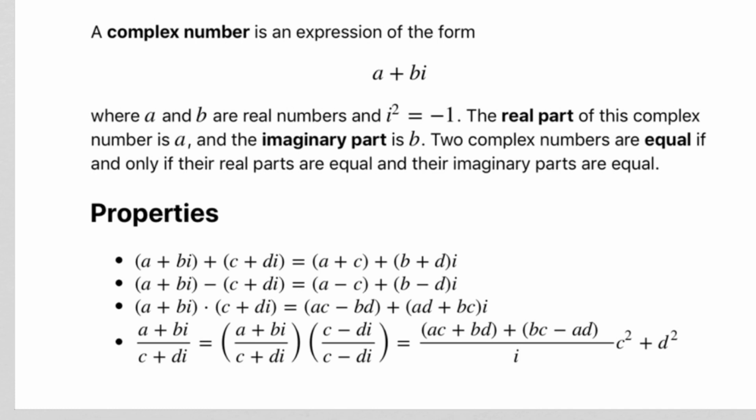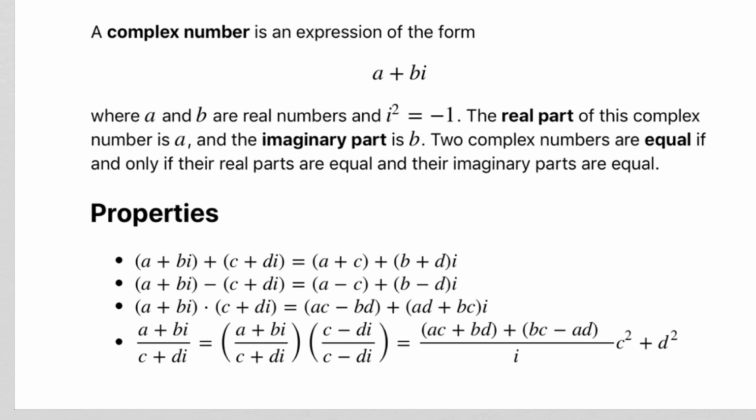So a complex number is an expression of the form A plus BI, where A and B are real numbers and I squared is equal to -1.